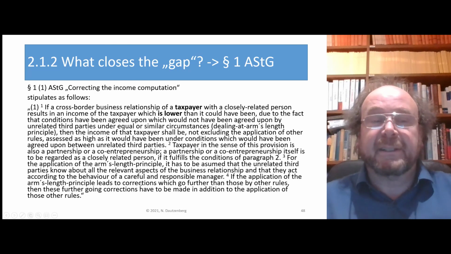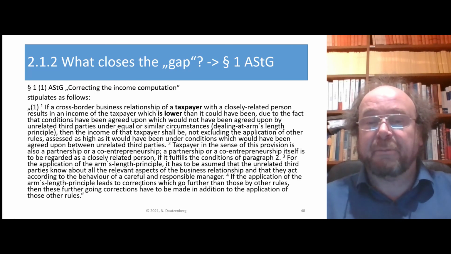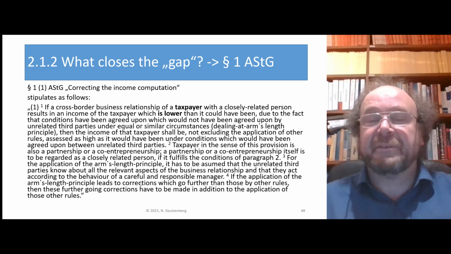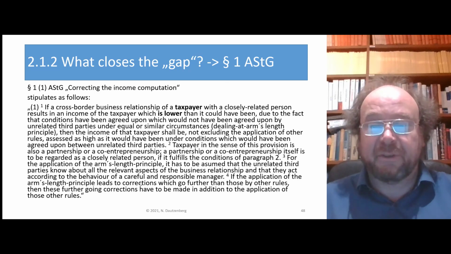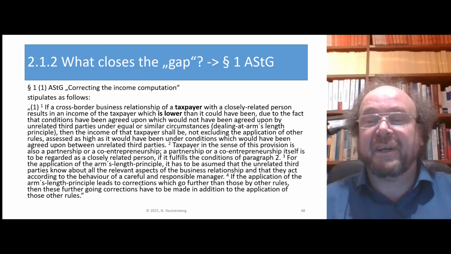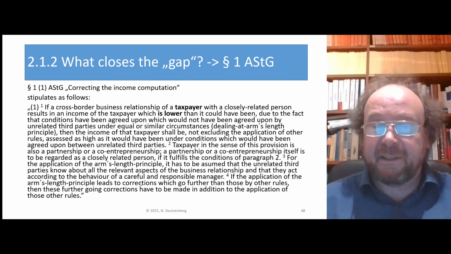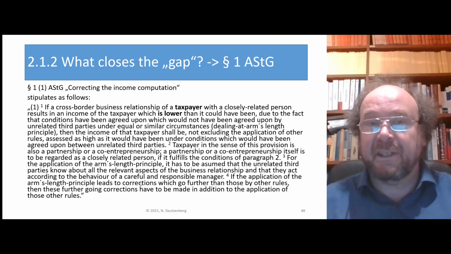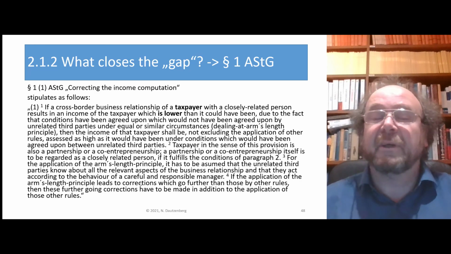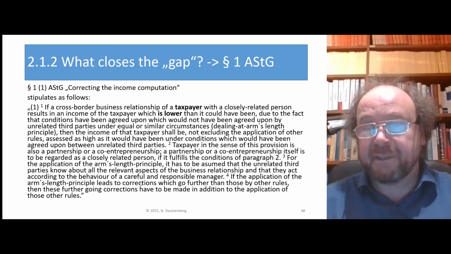It just says, if a cross-border business relationship of a taxpayer with a closely related person results in an income of the taxpayer which is lower than it should have been due to the fact that conditions have been agreed upon which would not have been agreed upon by unrelated third parties under equal or similar circumstances, then the income of that taxpayer shall be assessed as high as it would have been under conditions which would have been agreed upon between unrelated third parties.